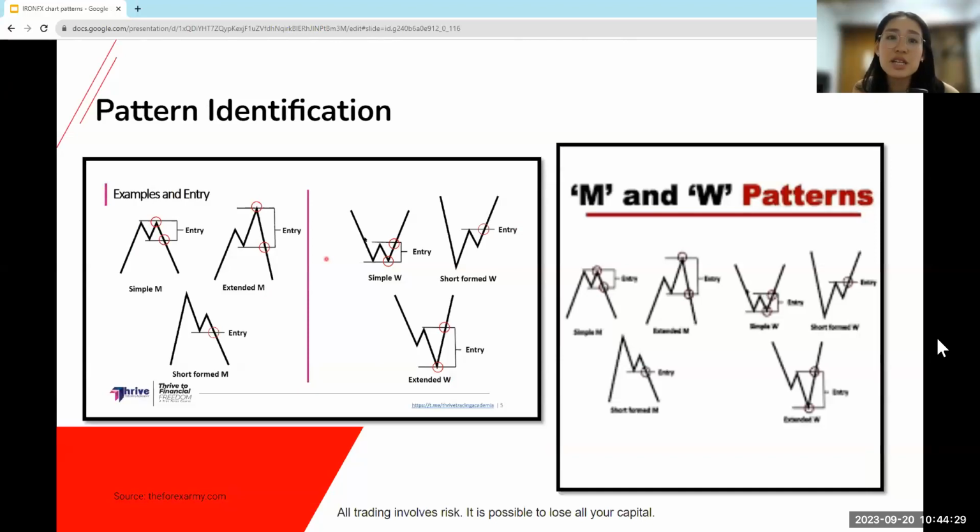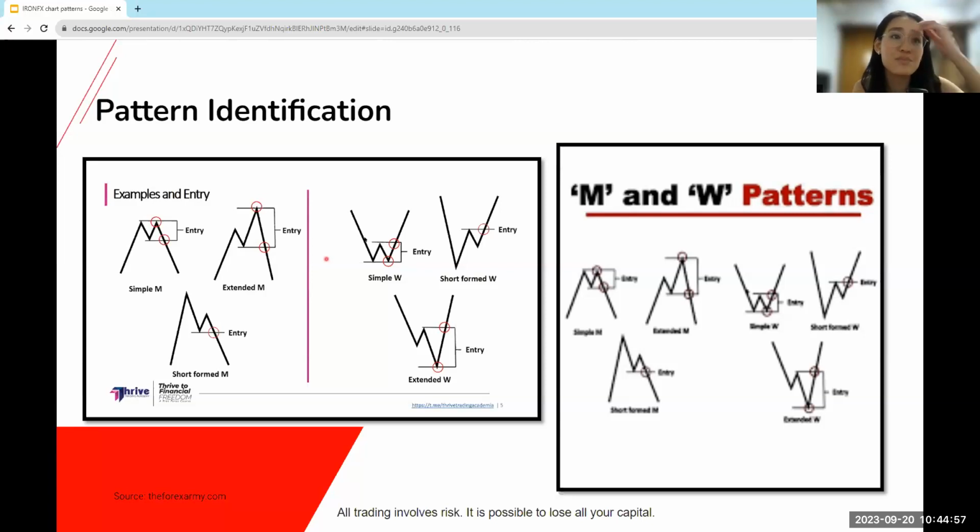Okay, so we mentioned earlier a couple of M's and W's, but we have a couple more patterns just briefly to go through with you guys. These lean more towards the harmonics patterns because they're more complex and a little bit more technical to understand compared to the top three patterns that we went through earlier for continuation or for reversal.